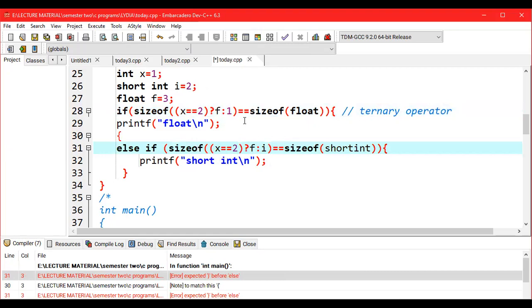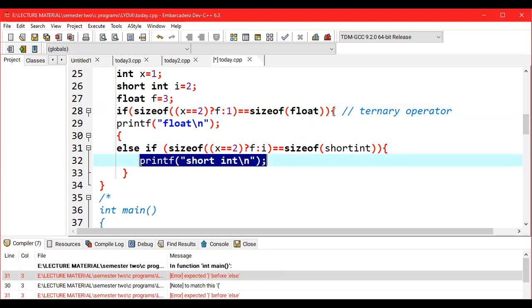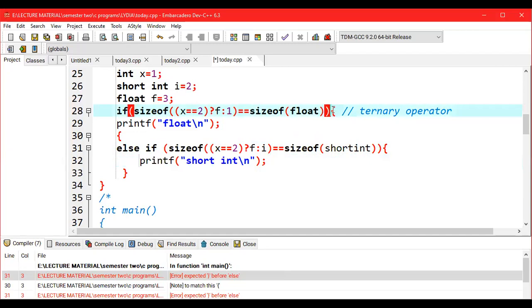I've changed, I put size of on this one here, and also here it is size of. I've changed both here and here, and also added this print short, and also added the first these things here. Where is it? I put the wrong thing.